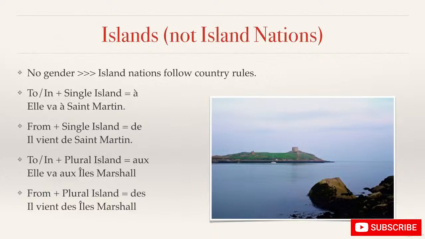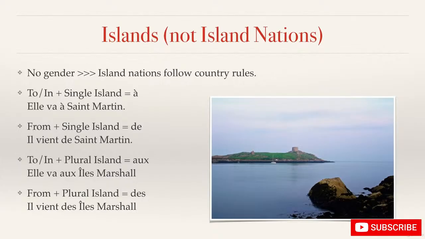Similar rules also apply to islands. So if it's a single island and not an island nation, if it's an island nation, generally we apply the rules that we learned for countries and regions. If it's just a standalone island, we would use à, much like we would for a city, so they aren't really considered to have a gender.